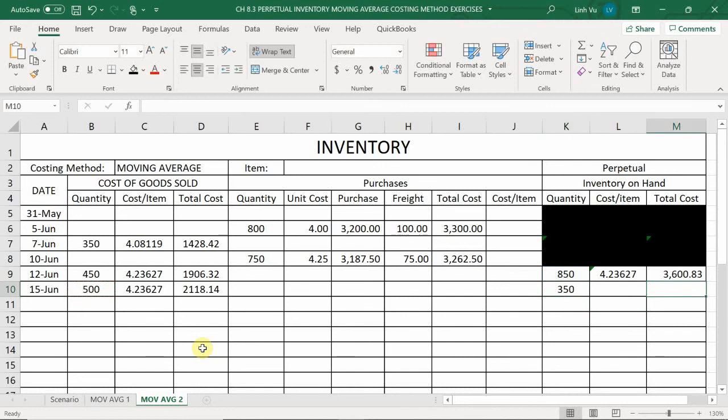Good. At a new total cost, 34.23626. Good.